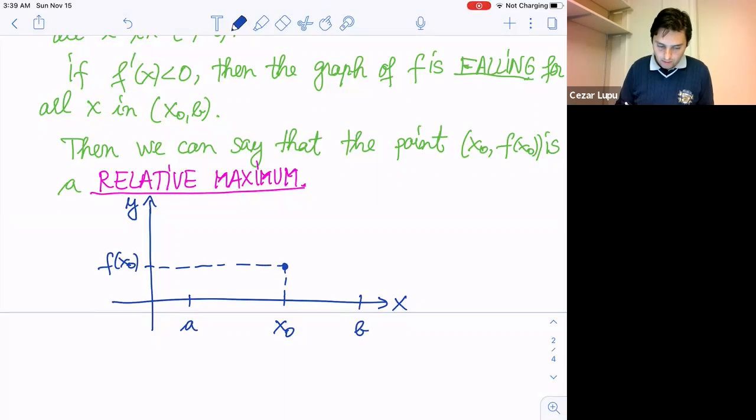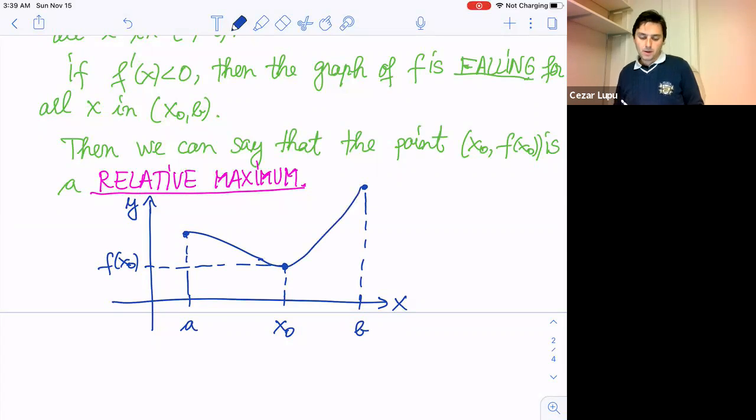And let's just say that the graph will go like this, right? So as you can see, on this portion from a to x naught the function is decreasing, and then starting from x naught all the way to b it will be increasing.